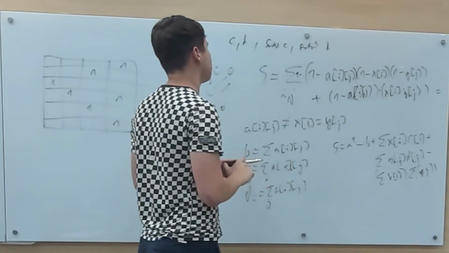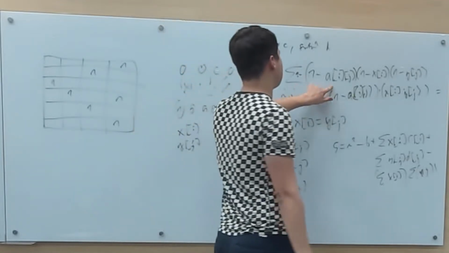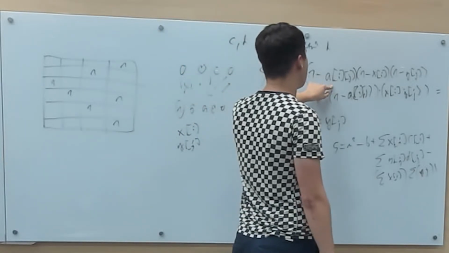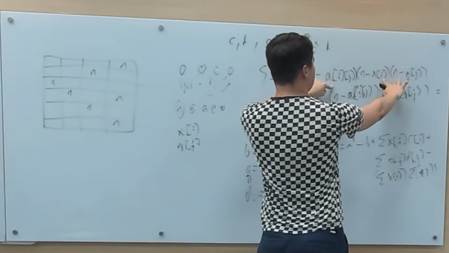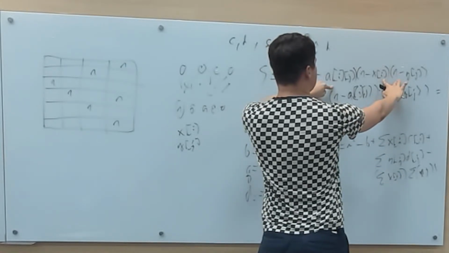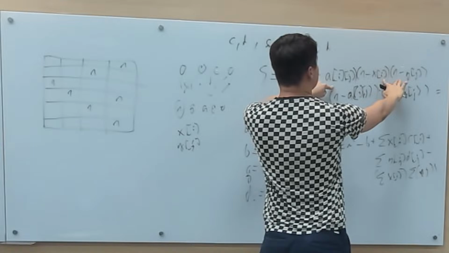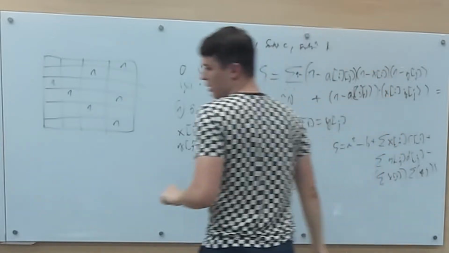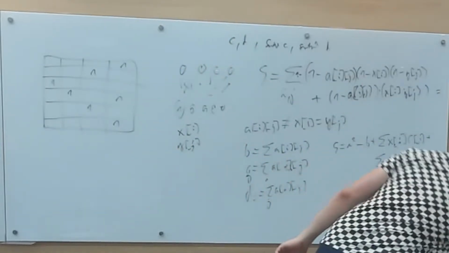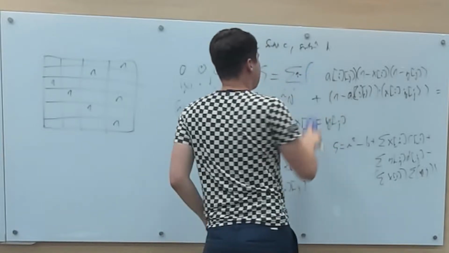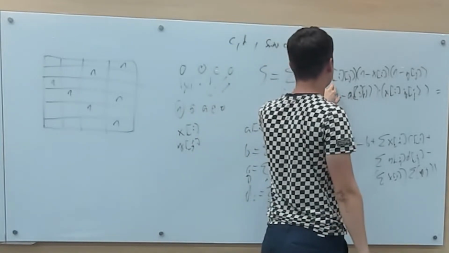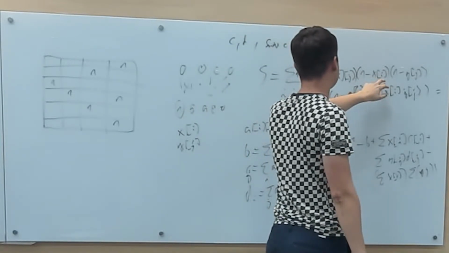Okay, so what do we see now? If this guy is 0 and both those are 0, then we want to add 1. If this guy is 1 and they are both 0, then we want to add 0.